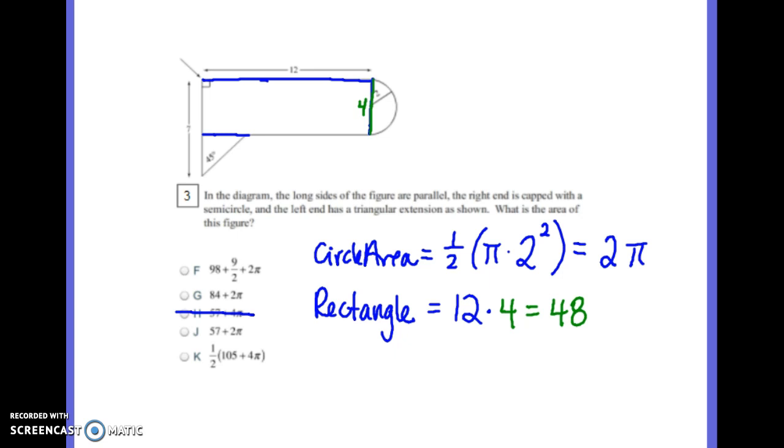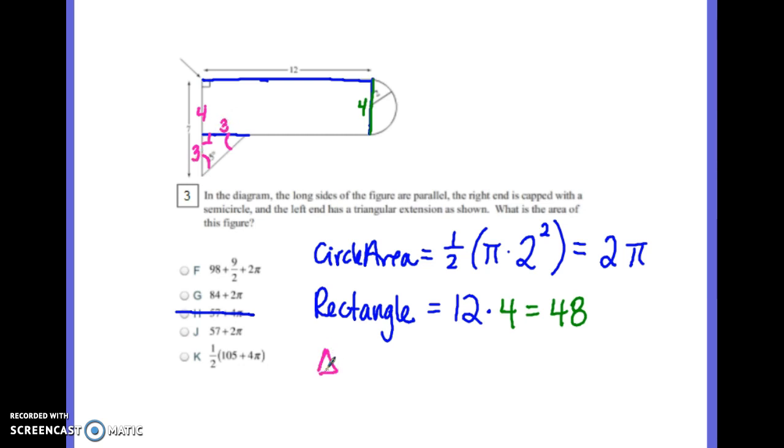Then when you look at the little triangle down at the bottom, the long sides are parallel, so this is also a right angle. If this is 45 degrees, this is also 45 degrees. If the whole side is 7 and this much is 4, then you have a 3 here. And since both of your base angles there are congruent, 45 and 45, the other side is also 3.